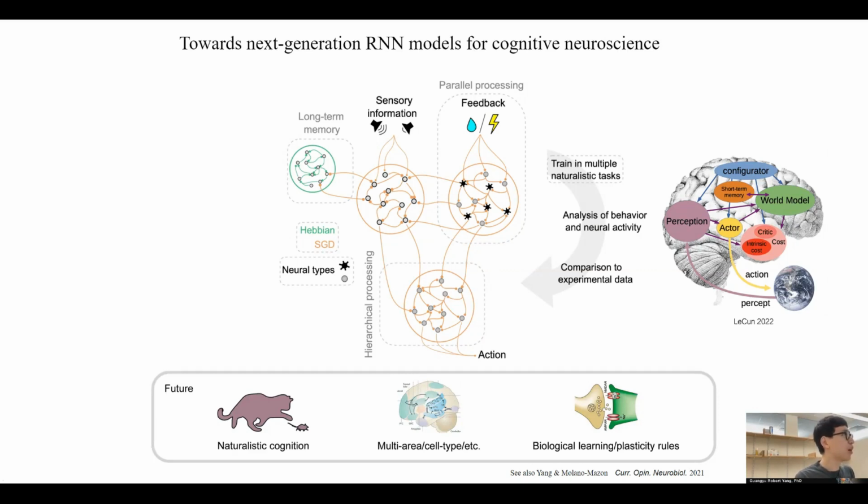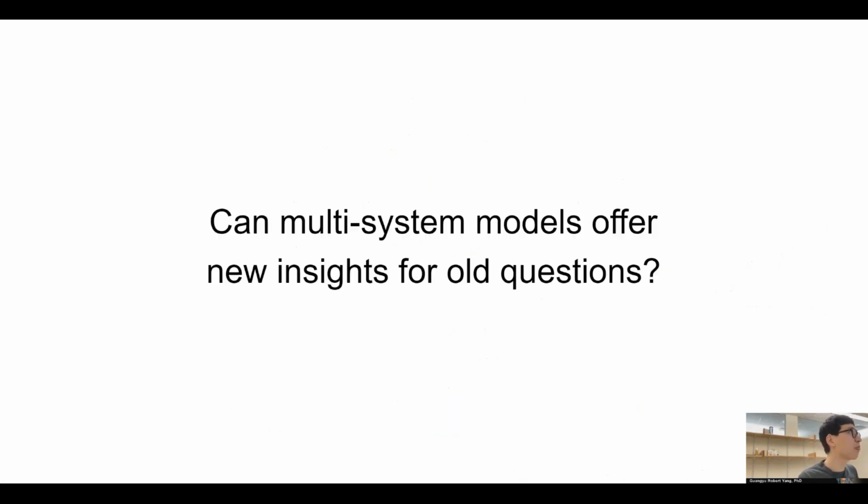There can be multiple brain regions in each system, but really the brain is integrated and involves multiple systems. So today we will focus on multi-system networks, going even beyond multi-area networks. I want to first show you how multi-system models can offer new insights into classical questions, as a way to show you why we should care about these multi-system models.